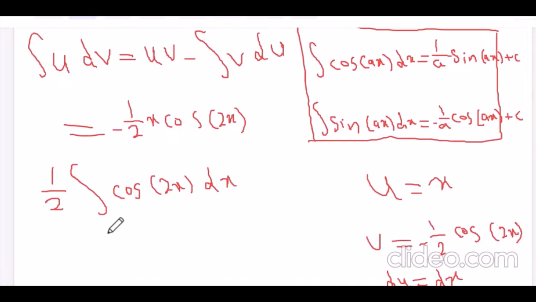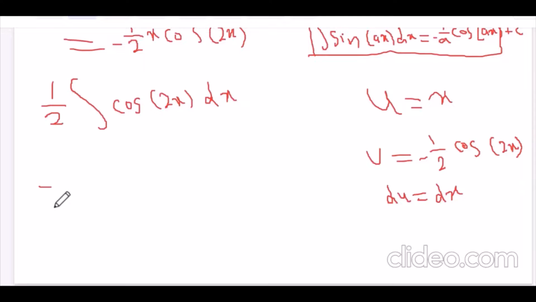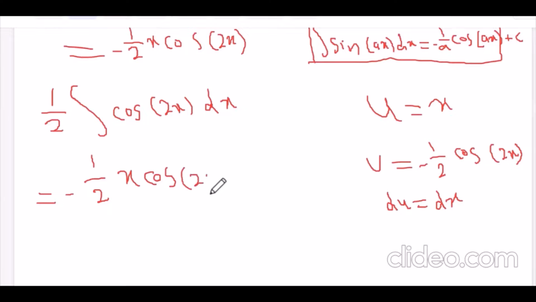So the last step is to integrate the second part of the answer. So now I'm going to keep the first one as it is and I'm going to integrate this part. So equals minus 1 over 2 x cosine 2x plus half.